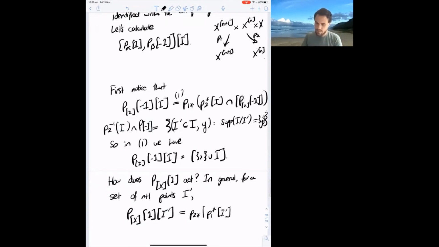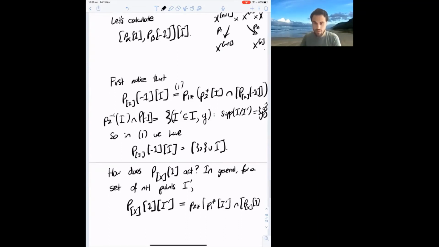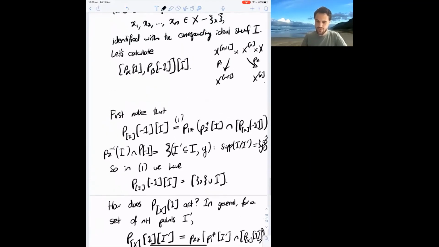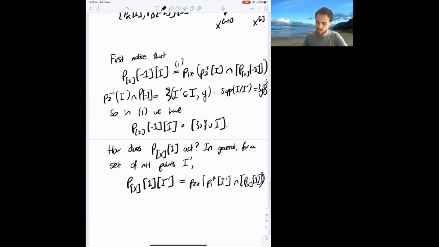So we start with n+1 points here, then we pull back, and then we cap with this, and then we push forward by p2 to x_n. This will give us n points.